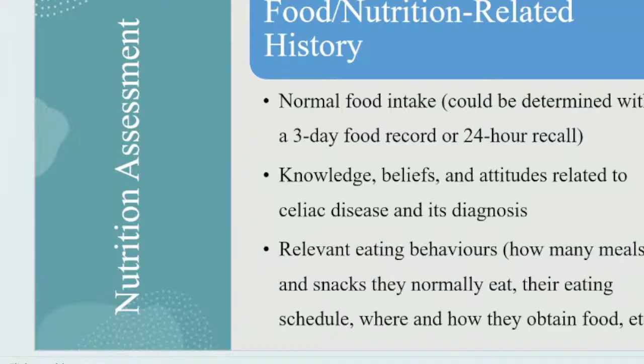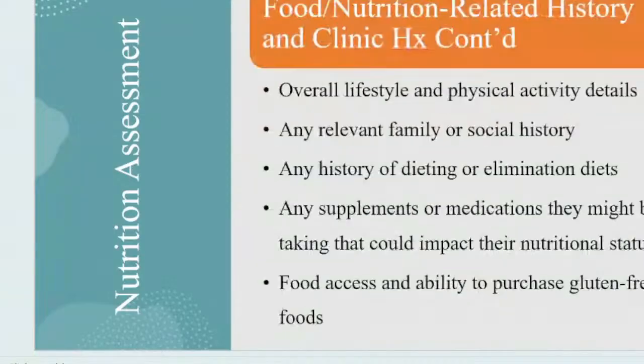Then the knowledge and belief: because it's a newly diagnosed person, we want to ask about knowledge of gluten and gluten-free foods, and the belief system and attitude the person has towards food. We ask questions relating to eating behaviors, like how many times do you eat, are there snacks, the times that you eat, and all that.